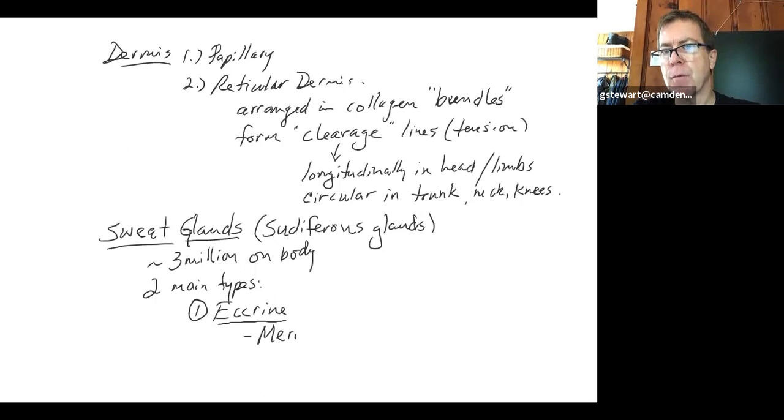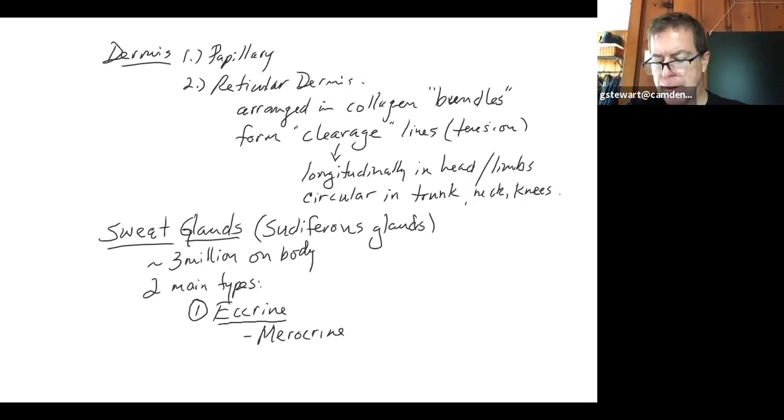We went over this when we talked about glandular epithelia when we did the epithelial tissues. So merocrine just means that they're not destroyed when they release their secretions. These eccrine glands are the most numerous type on the human body.